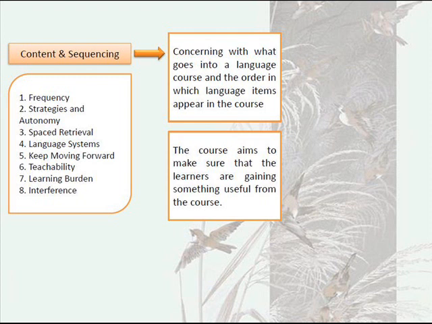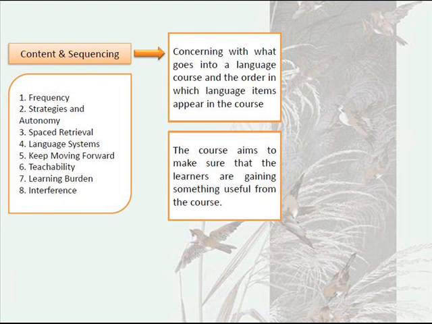We come into the first discussion, which is content and also sequencing. It is concerned with what goes into a language course and also the order in which language items appear in the course. Then, the course aims to make sure that the learners are gaining something useful from the course.